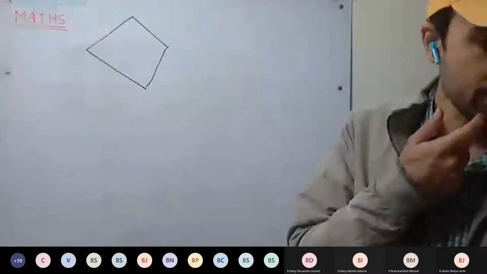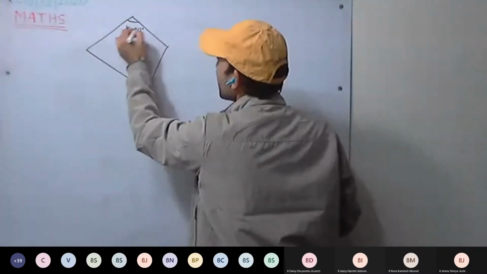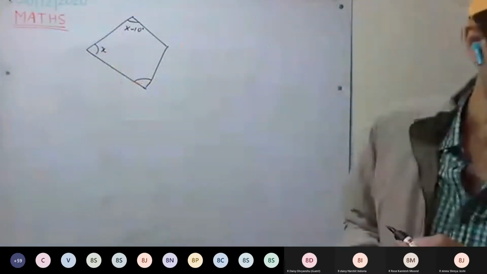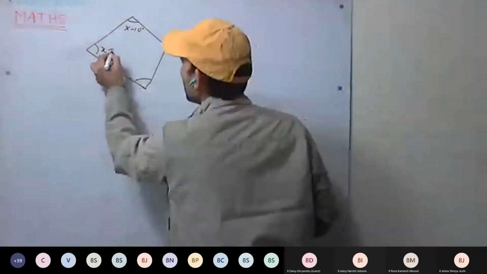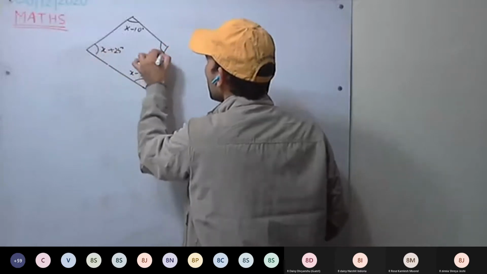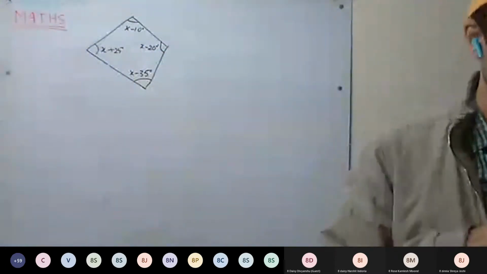Something like this figure is given. x minus 10 degree. x plus 25 degree. x minus 35 degree. x minus 20 degree. Okay.